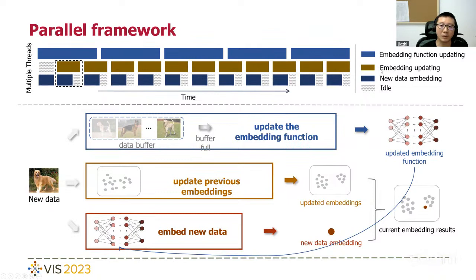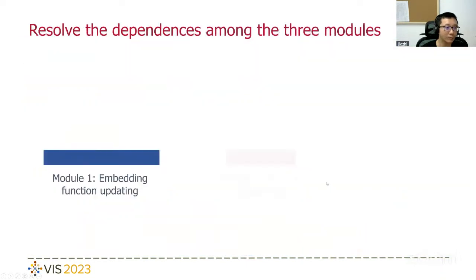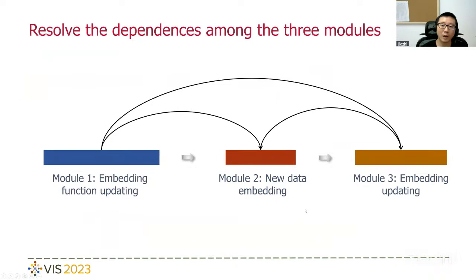Ideally, we would like to run them in parallel for high-speed computation. In a traditional framework, the three modules are computed in a serial way. They are dependent on each other.